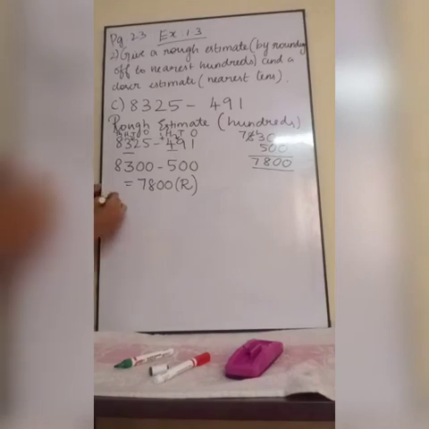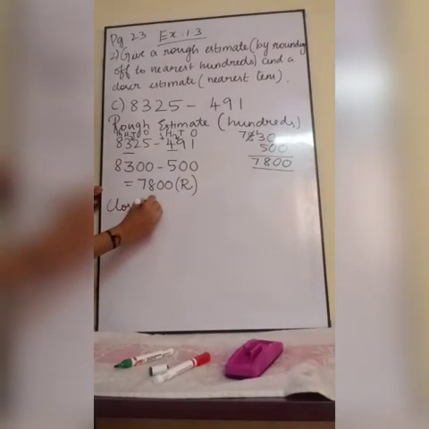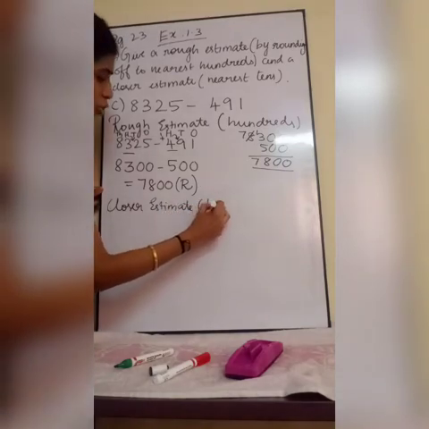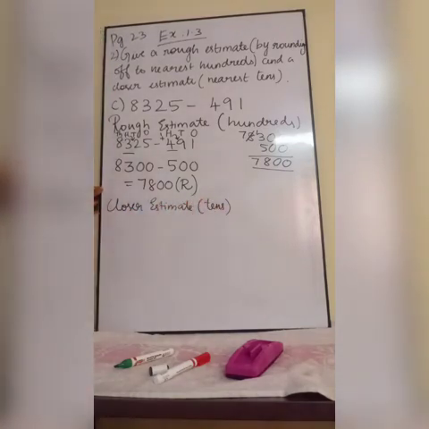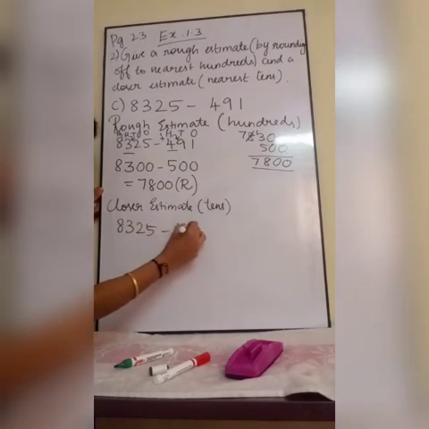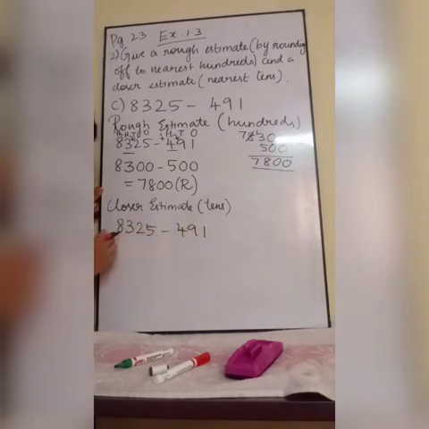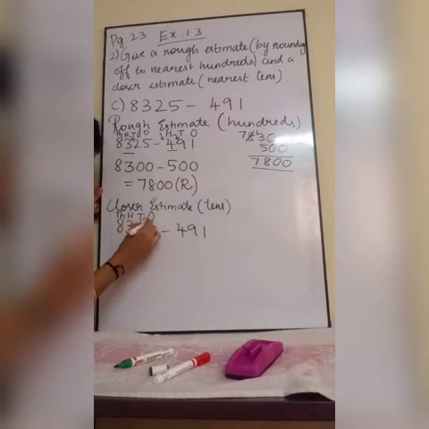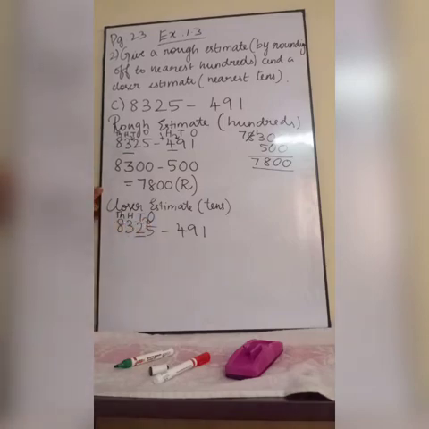Next, what is my closer estimate? That you are going to find. Closer estimate is, you are going to round off to nearest tens. 8,325 minus 491. So first I am going to round off this. Ones, tens, hundreds, thousands. I am going to check 5. So 5 is more than or equal to 5.